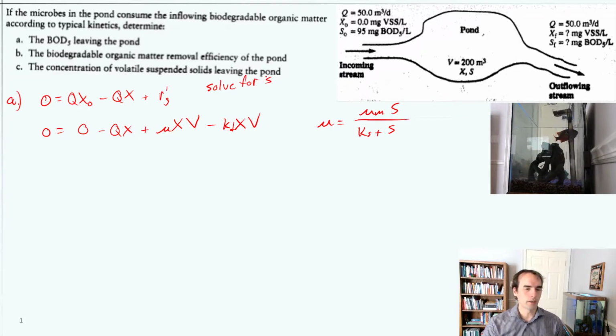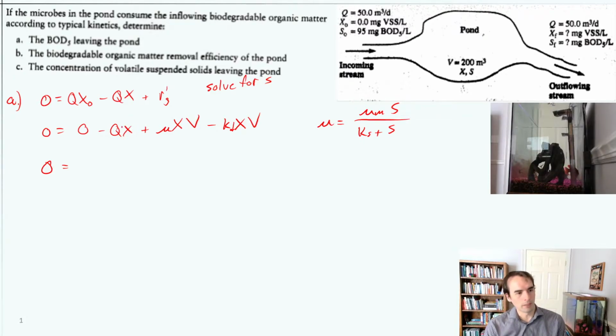The other thing that we are looking for to happen in this particular problem is for us to get rid of X, because X is unknown and we need to solve for that later. So what you'll see is when we simplify a little bit further, every term has an X in it. So we can divide everything by X, and we can also divide everything by the volume to get theta and to get rid of these guys.